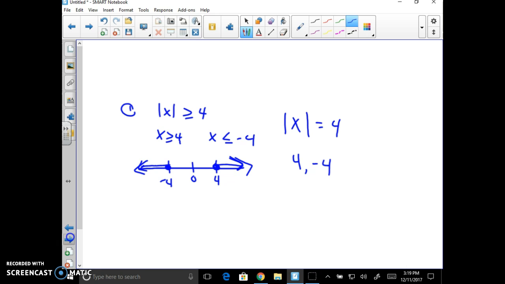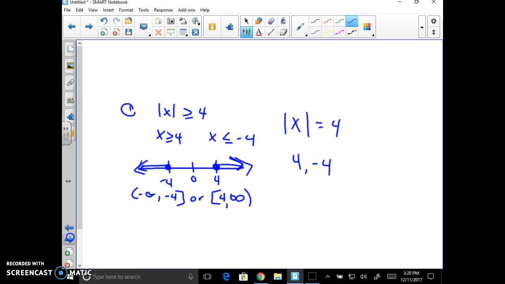Same thing, except you just have your inequalities. And when you write your inequalities, notice what I did. I reversed my symbol. Okay? All right, so the interval notation for that would be negative infinity to negative 4, closed, or 4 to infinity.